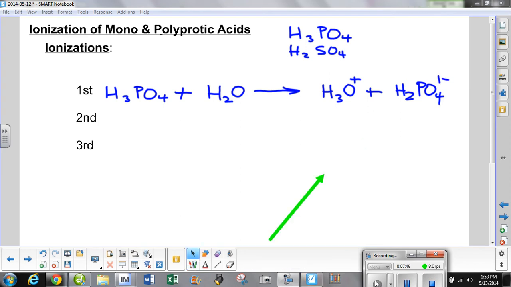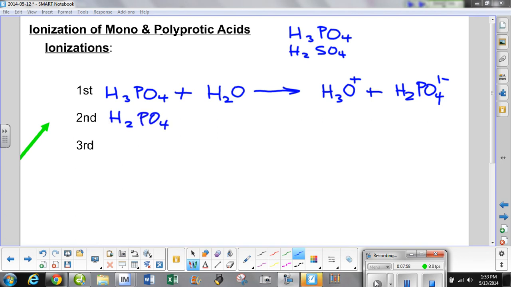Next step, take this one here and put it here as the beginning of our second ionization. So we've got H2PO4. What's the charge? 1 minus. And we're going to react with water again and take away another hydrogen.